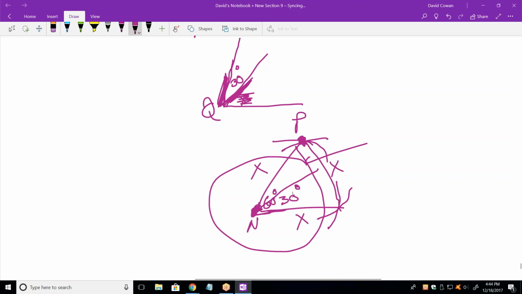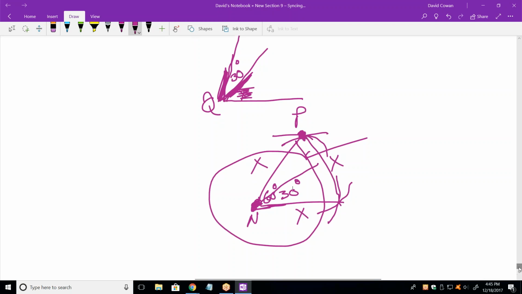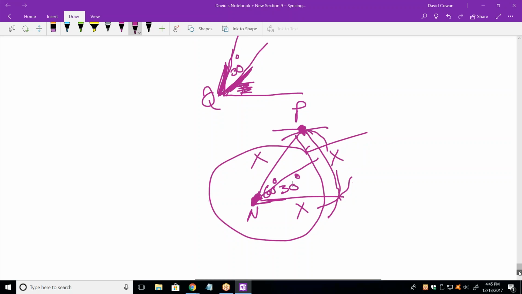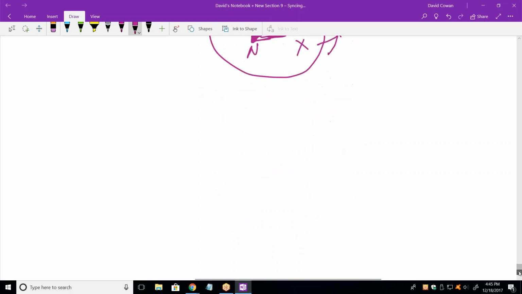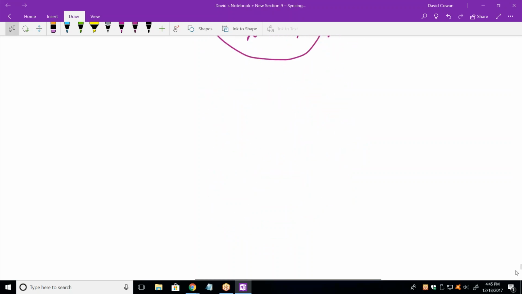Now, let me scroll down here. And I'm going to do it a little bit bigger. First of all, I'm going to start my other angle like this. That was my original angle, theta. My goal was to copy this angle and then add a 30-degree angle onto it.